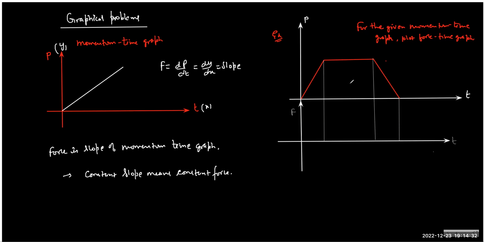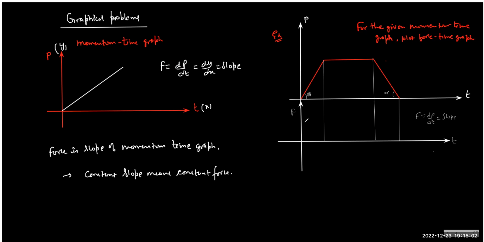Sir, it would be constantly increasing, then constantly decreasing, right? No, the slope is the force, right? So you can see the slope is constant, so it is not increasing. The momentum is increasing, but the force is not. So the force by definition is only slope. If you check the slope, is it a fixed value? The line will have constant slope, yes or no?